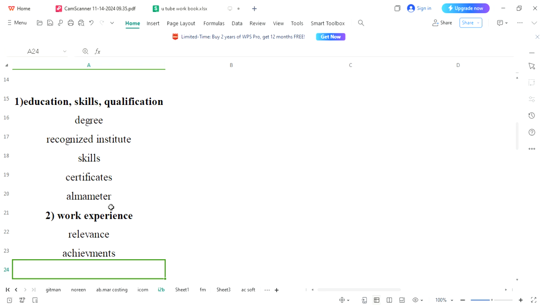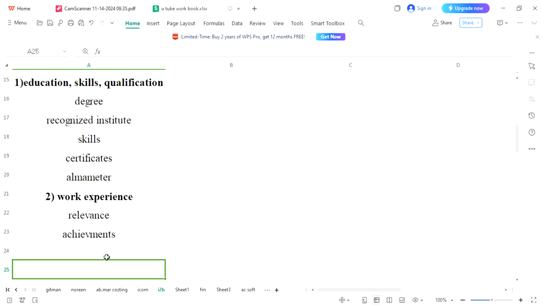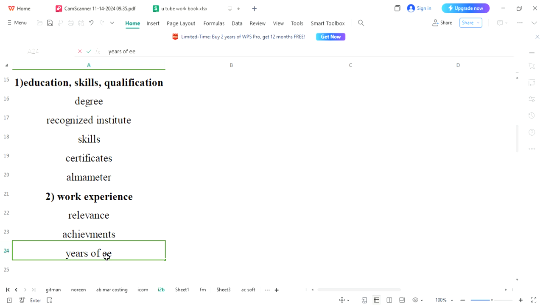So first was to see education, second was to see work experience. In work experience, you will see whether he has relevant experience and what kind of achievement he has in his previous organization, and you will consider years of experience as well.